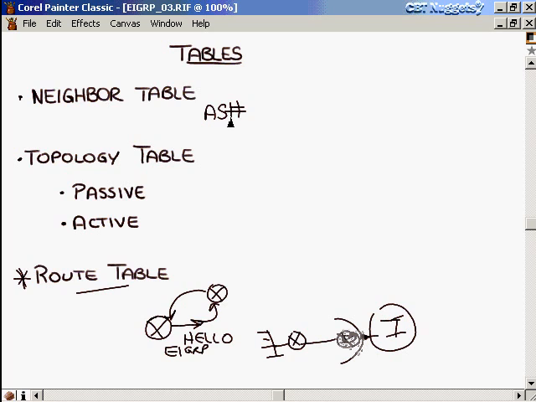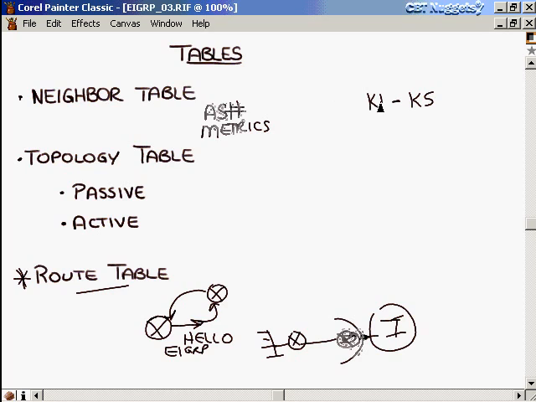The AS number has to match, and the other thing that has to match is the metrics that are used. Simply stated, there are a number of metrics between K1 and K5 that are used by EIGRP to find the best route. To give you an example, K1 is bandwidth, K2 is the load, K3 is delay, K4 is reliability, and K5 is MTU, which simply means maximum transmission unit.